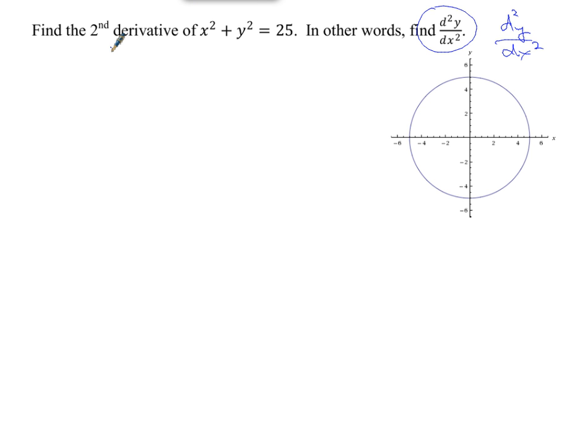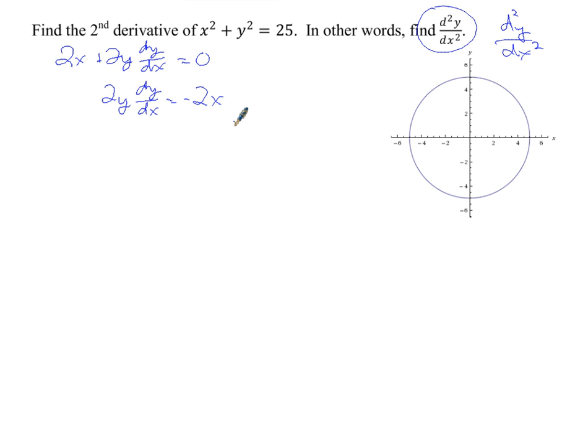So the first derivative is basically like what we've been doing, right? Take the derivative of both sides with respect to x, and we get what? 2x plus 2y dy over dx equals 0. Good. Now we want to solve for dy over dx. So that means this guy has to move over here. And I have 2y dy over dx equals negative 2x.